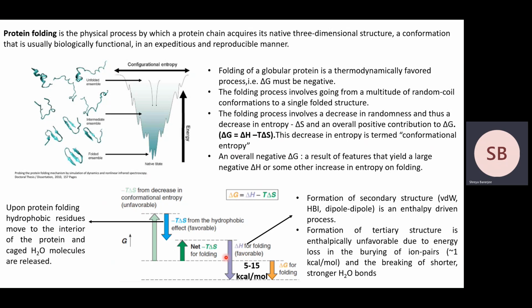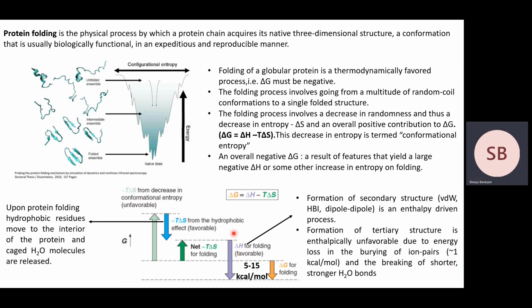The net delta H for folding is favorable, that is, it has a negative contribution, and this delta H comes from the formation of secondary structure where there are hydrogen bonding interactions, van der Waals interactions, or dipole-dipole interactions. There is also contribution from formation of the tertiary structure, but that is slightly unfavorable.